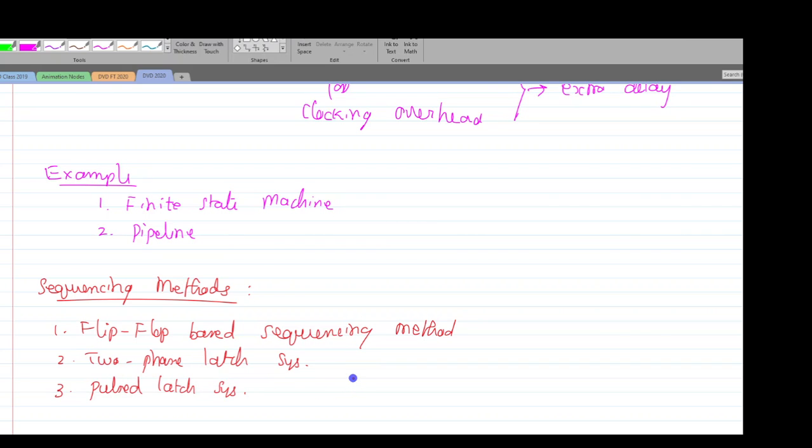These are the three different ways by which one could arrange both the combo logic and the sequential logic. As the name suggests, in the first method, the flip-flop based system, we will be using an edge sensitive circuit, which is the flip-flop, for the sequential logic realization, whereas for the next two systems we will be using the latch circuit, which is a level based circuit.